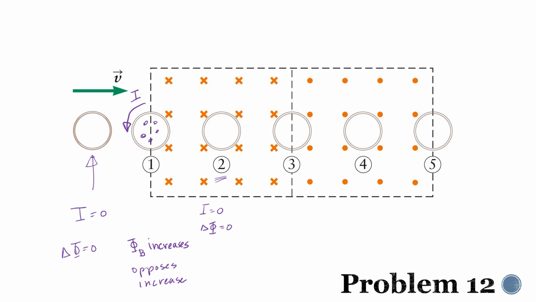It's not until I get to position 3 and I start adding in some field that is upwardly directed and removing some field that is downwardly directed. And what I want to do, what Lenz's law says, is I want to oppose that. So I'm opposing a decrease in downward directed field.